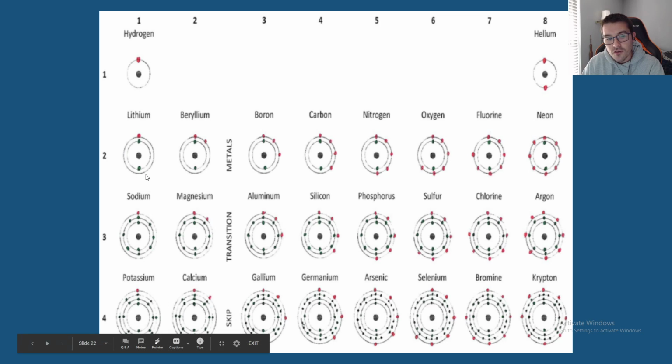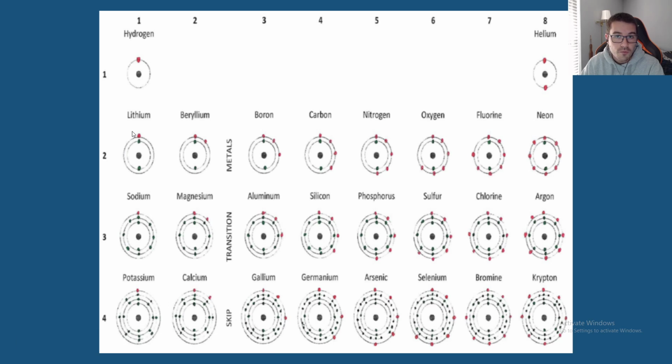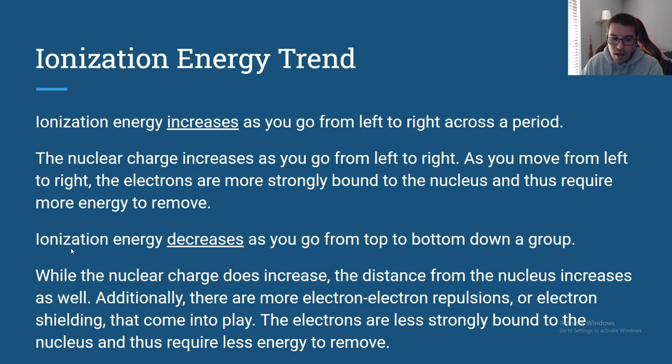It becomes easier and easier to peel off the valence electrons as you go down a column for both of those reasons: the electrons are further from the nucleus, and there's more electron shielding coming into play. So once again, ionization energy decreases as you go from top to bottom down a group.